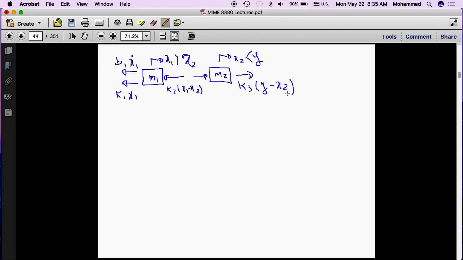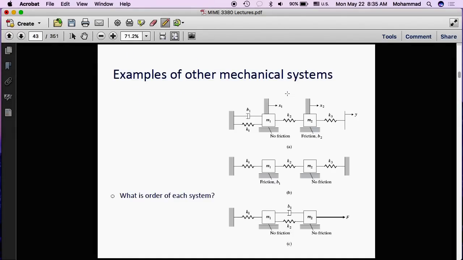Okay, what other force? Let's look at the picture one more time. We also have what other force on mass 2? Friction. And our interest in this course is to use a specific model of friction which is known as viscous friction.